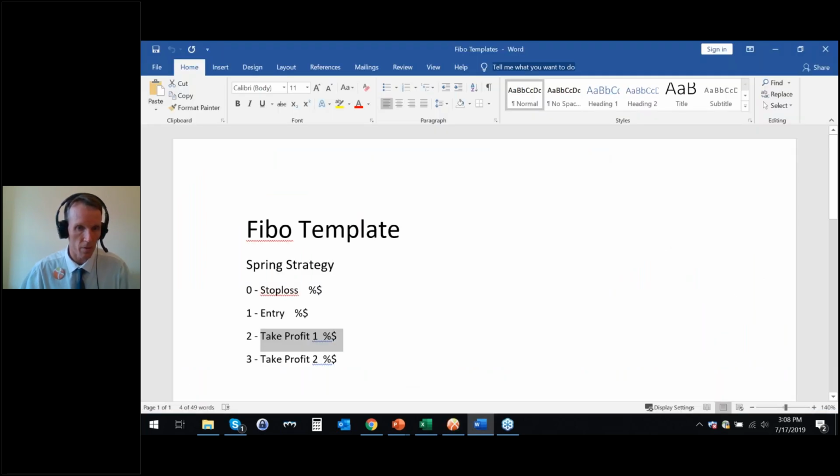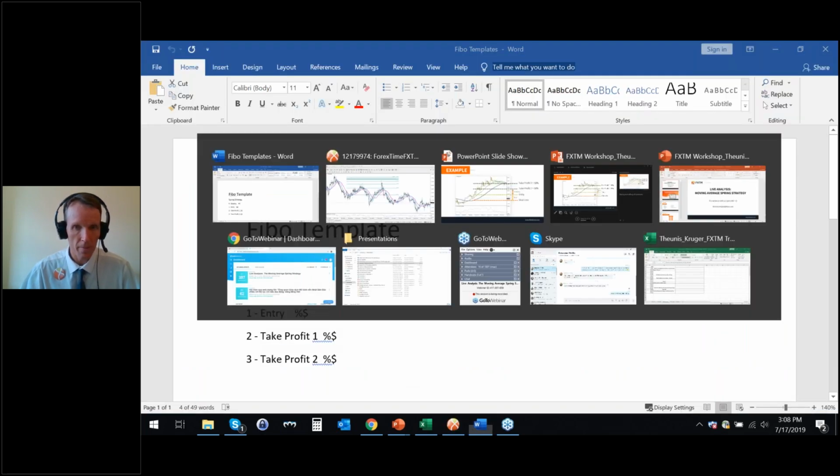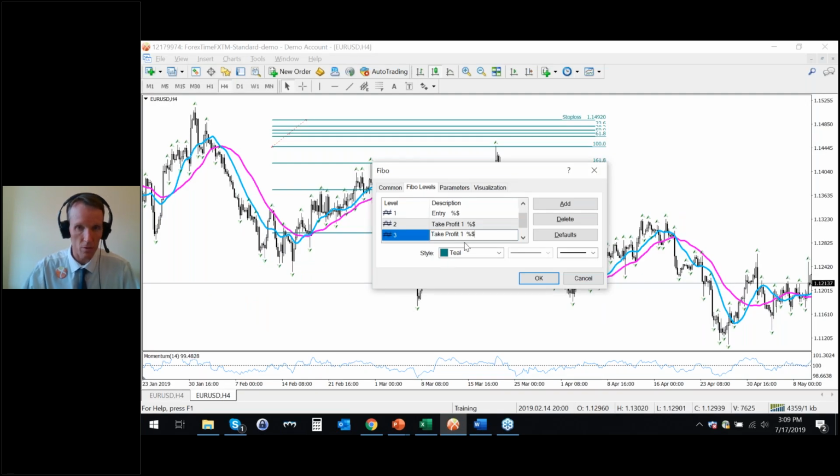It's actually just my take profit 2 there, so I'm going to paste this one here and change it to 2. When you've done it, that stays the same. And of course, then I'm going to delete that extension as well.